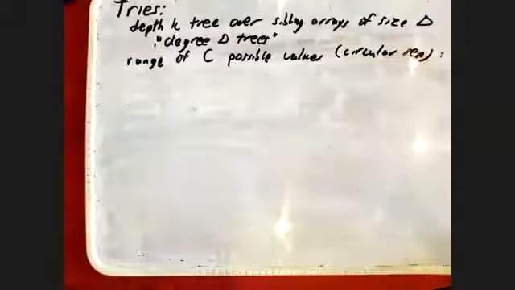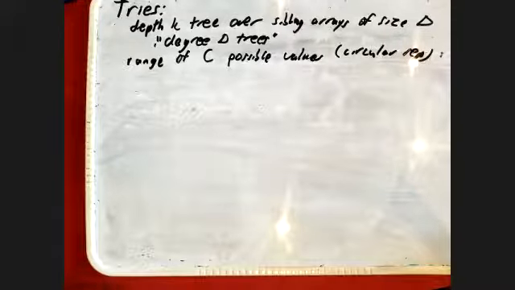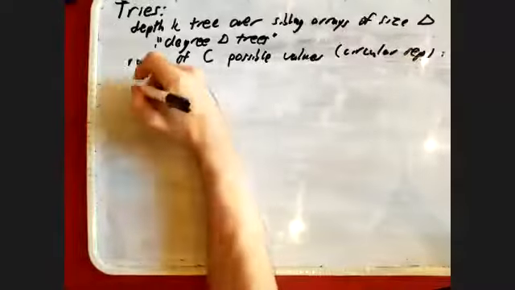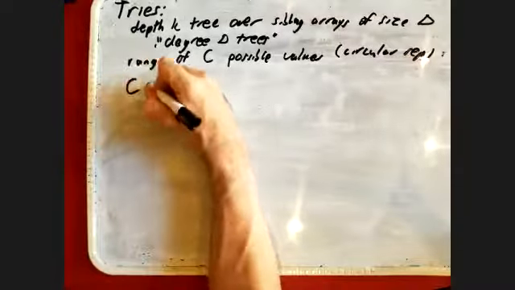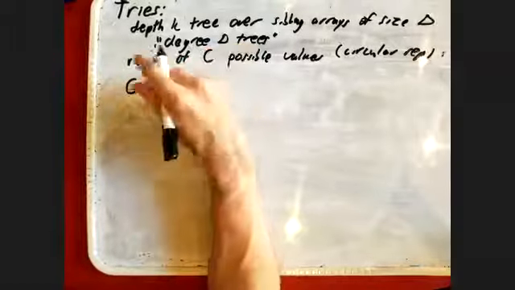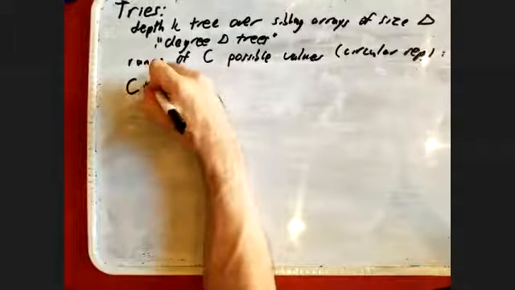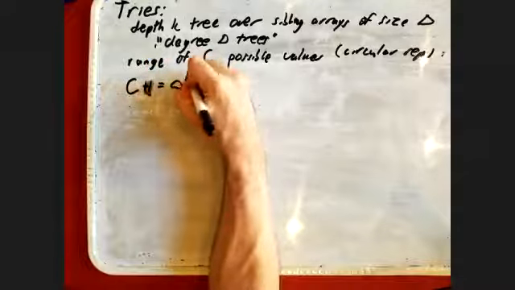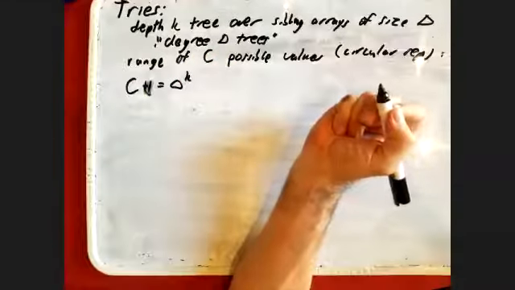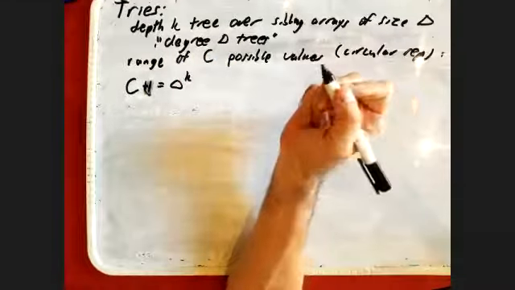So I can store 2C plus 1 in the same place as I store C plus 1, because by the time I'm looking for 2C plus 1, I won't need C plus 1 anymore. Okay. Right. Now what I need is for C plus 1 to be equal to delta to the K, so that I can store all of my different values in the trie, right?